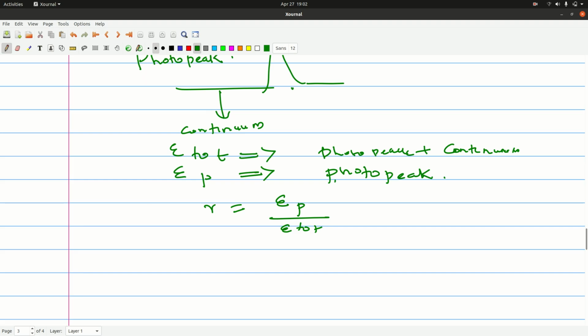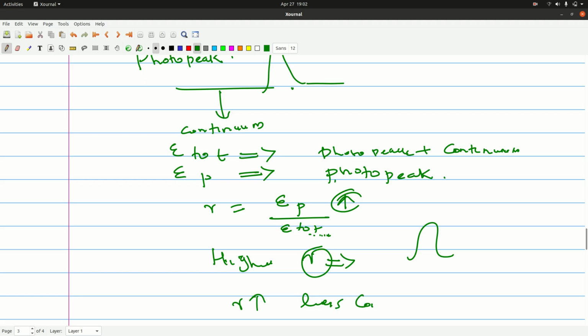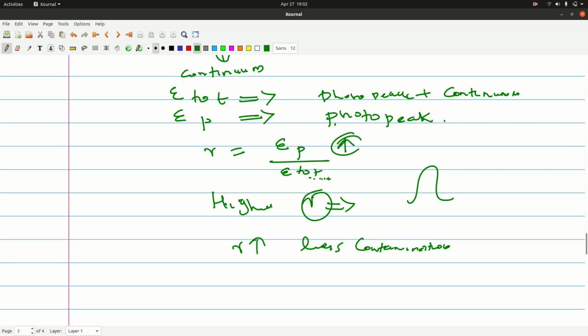If R is higher, the spectrum is dominated by true full energy events, so there is less contamination, the Compton continuum is less, so there are fewer scattered gamma rays.